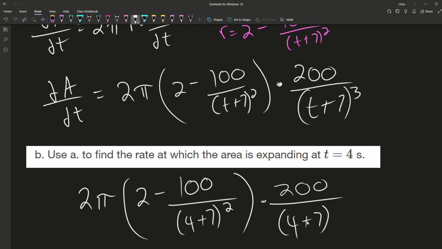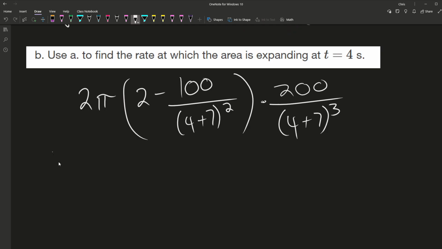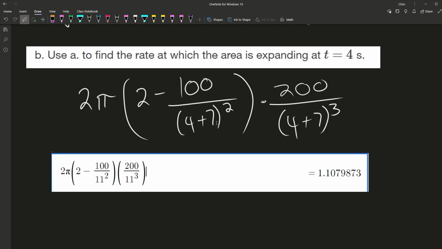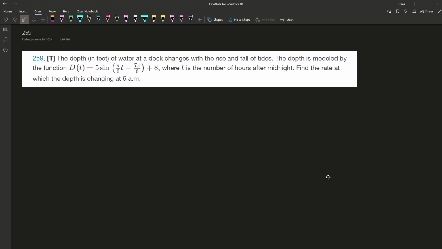Sorry, this is 4 plus 7 cubed. And when typing this into a calculator, since 4 plus 7 is 11, I just wrote 11 here. I think we get about 1.1079873. And this is the last one.